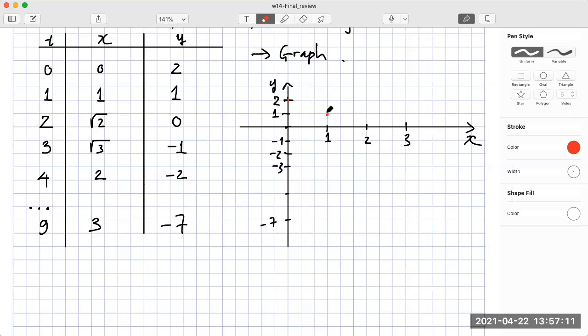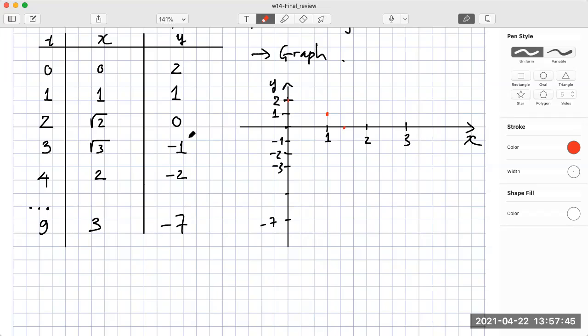It will be this point. At t is equal to 2, x is square root of 2. What is it? Is it 1.4 something? 1.41. 1.5 is near the half here, so 1.4 should be somewhere here. That is x. And y would be 0. It means it would be near this point.